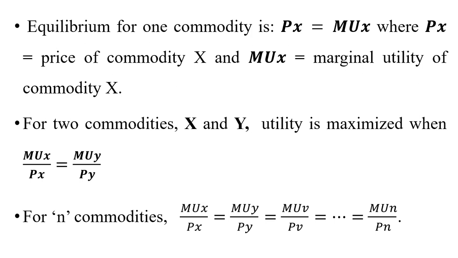And since 1 is equal to marginal utility of X over price of X, which is also equal to marginal utility of commodity Y over price of commodity Y, then we can say that marginal utility of commodity X over price of X is equal to marginal utility of commodity Y over price of commodity Y.